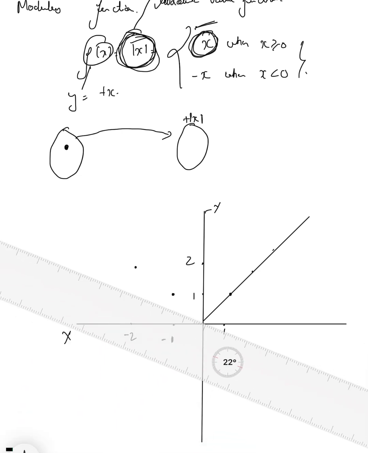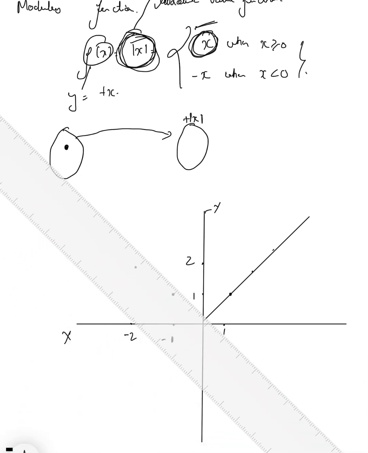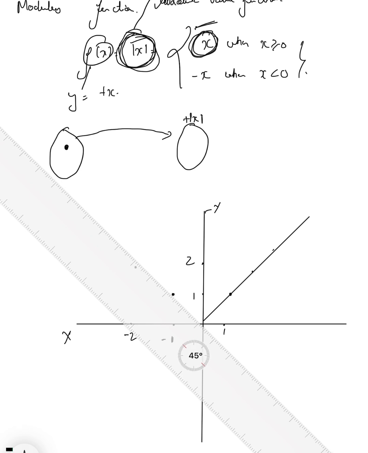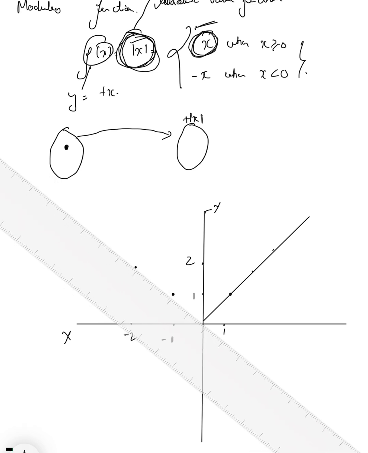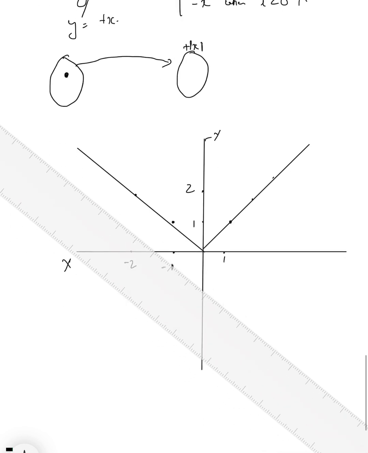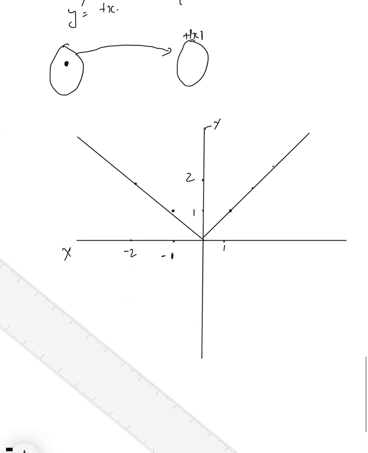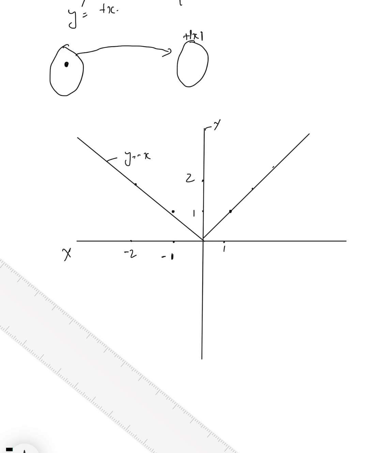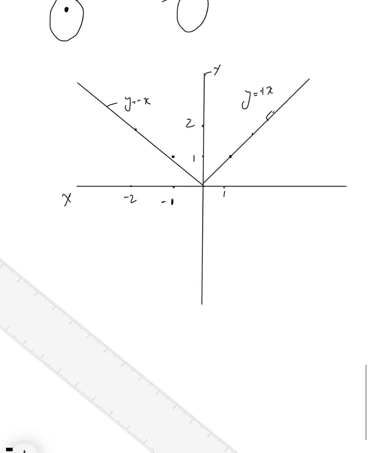Remember. So it is a line making 45 degrees with the axis. So this is the graph of your modulus function. It is a very important function. y = -x and y = +x. I think I made my point clear.